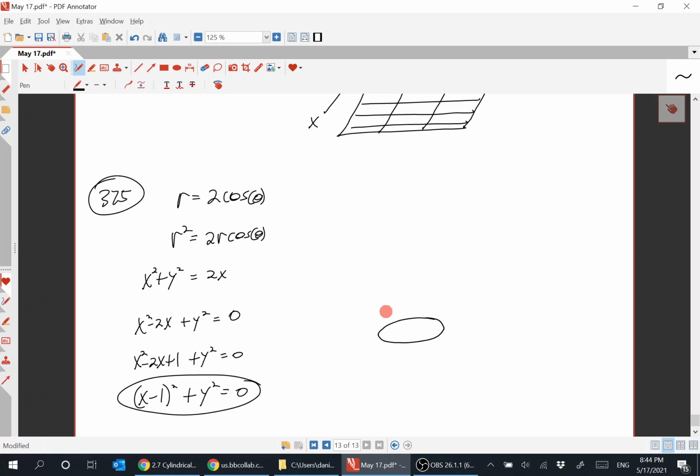but it's not centered on the z-axis anymore. It's just parallel to the z-axis. Actually, it runs along the z-axis. So that's the z-axis right there.